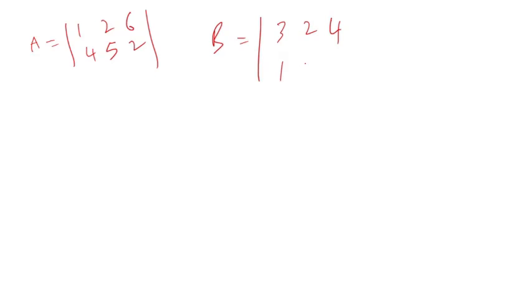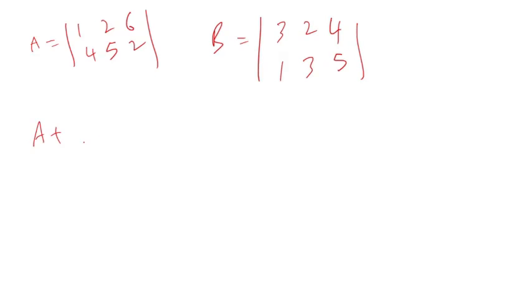So now let's assume we have a matrix A, 1, 2, 6, 4, 5, 2, and matrix B is equal to 3, 2, 4, 1, 3, 5.